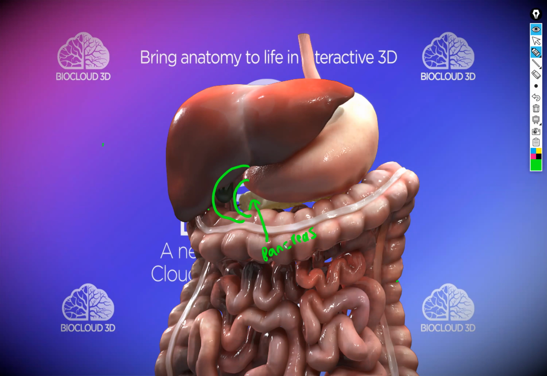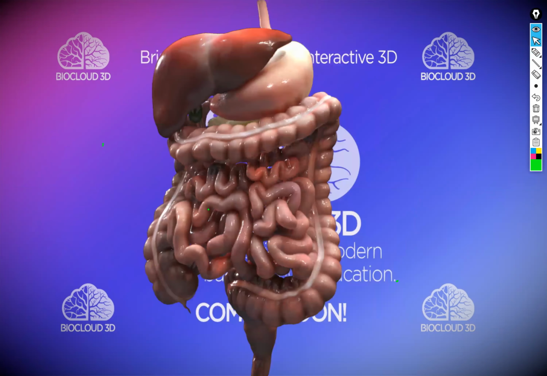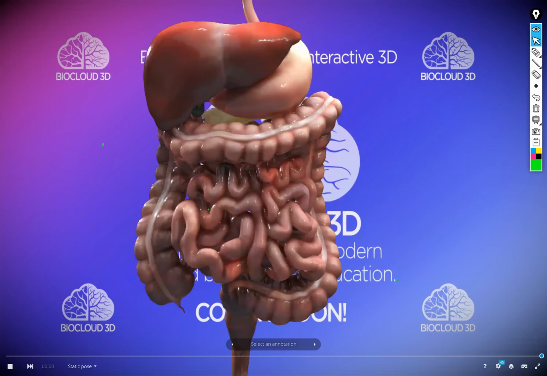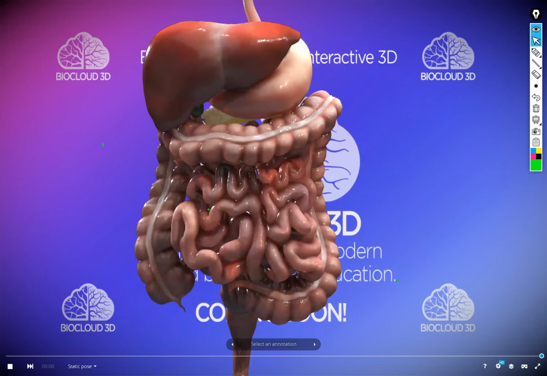The rest of the small intestines are divided roughly like so. So the jejunum and the ileum are the second and third regions along the way.